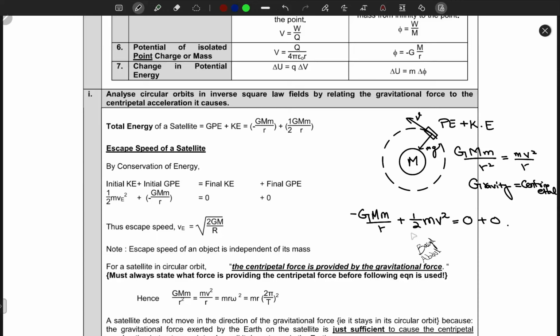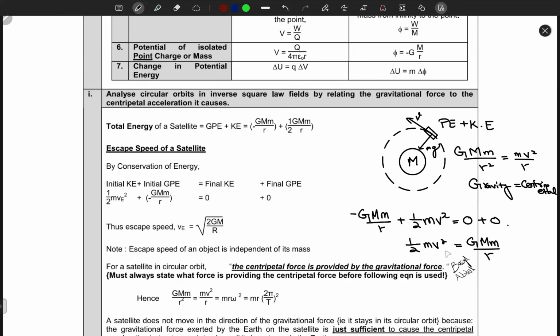So what I can do from this is work out the velocity. You could have also written this same expression as the kinetic energy equals the gravitational potential energy, like this. What this physically means is that if I need to escape this gravitational potential, my kinetic energy should be at least equal to this potential.